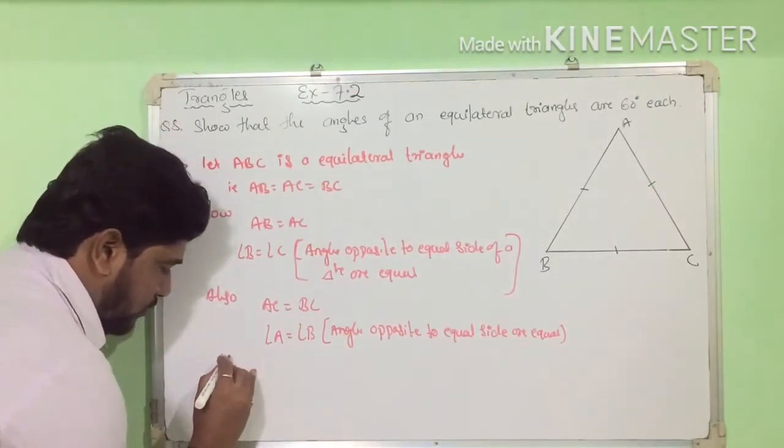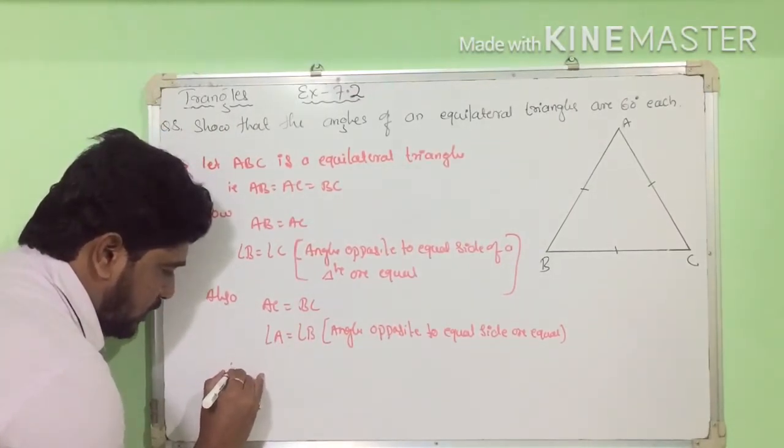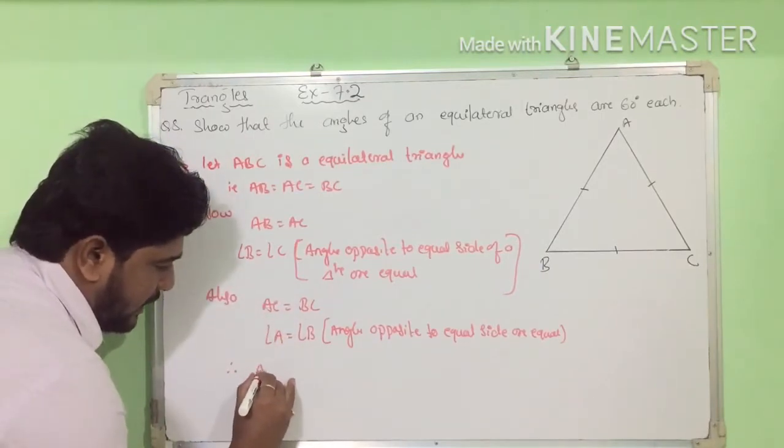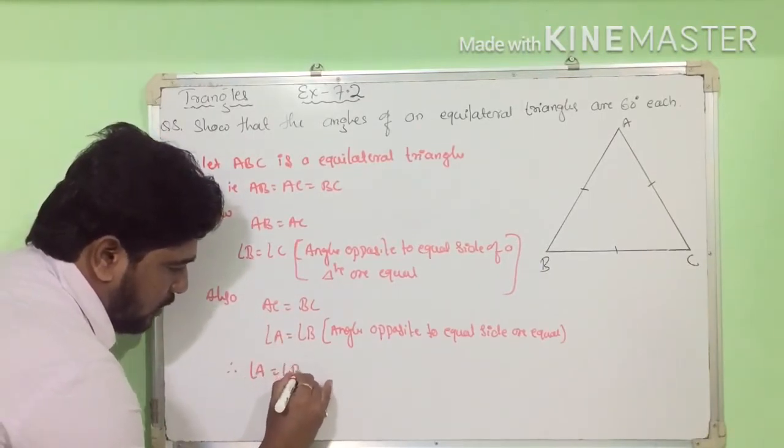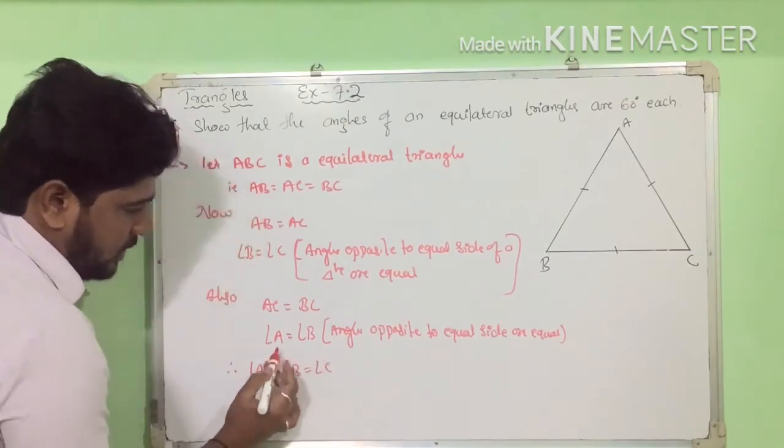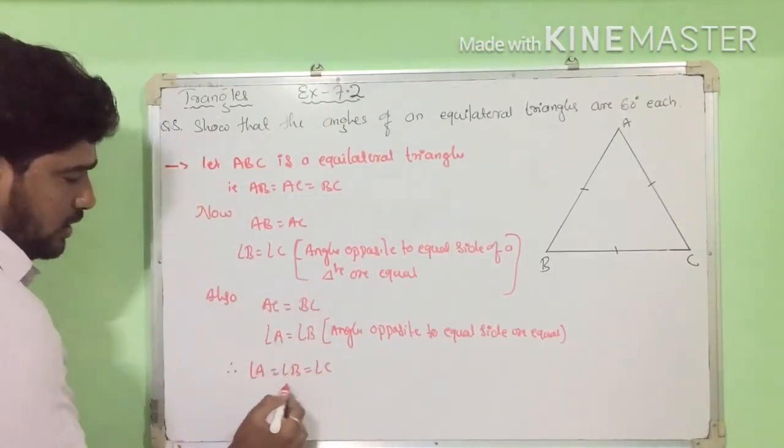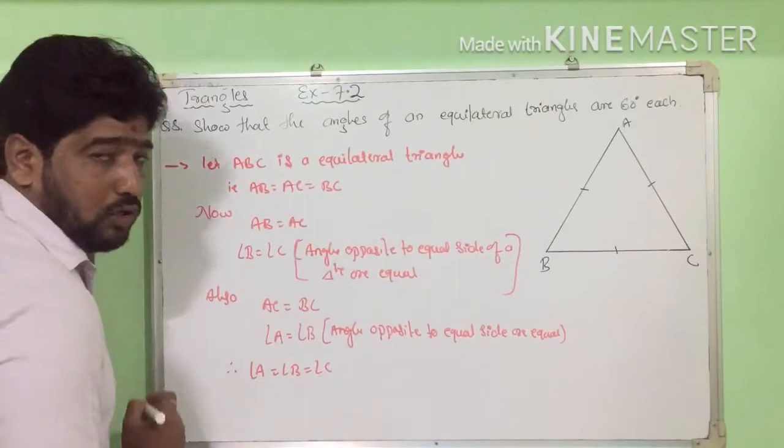So therefore angle A is equal to angle B is equal to angle C. See here, angle A is equal to B, B is equal to C. These three angles are equal, right?